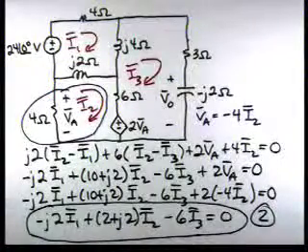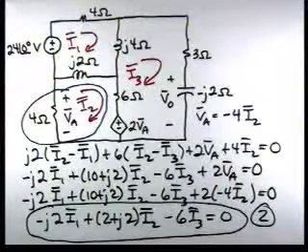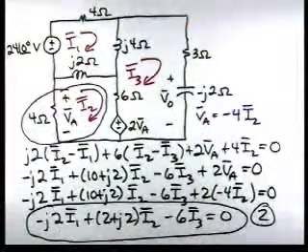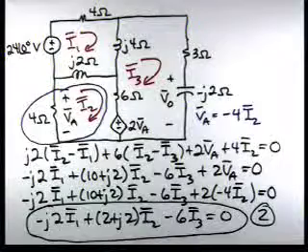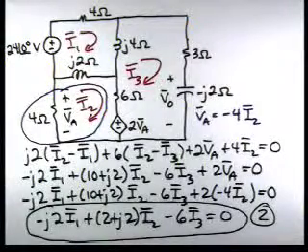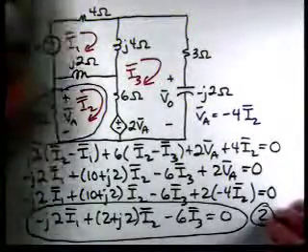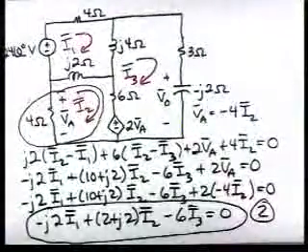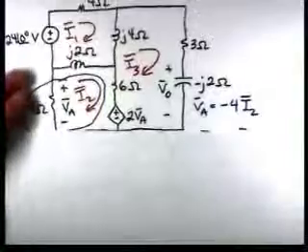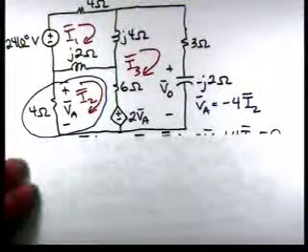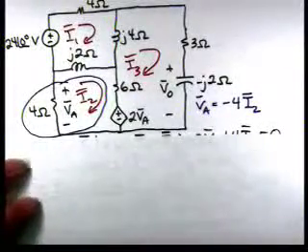There's our second equation. Now we've still got one mesh left, and that's the one on the right. Let's write the equation for the one on the right.